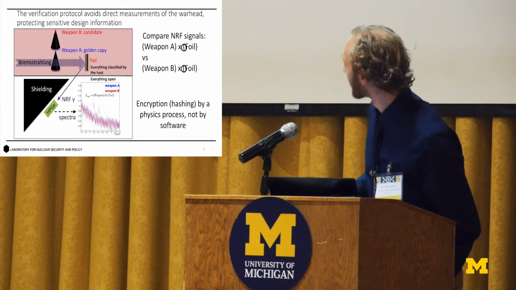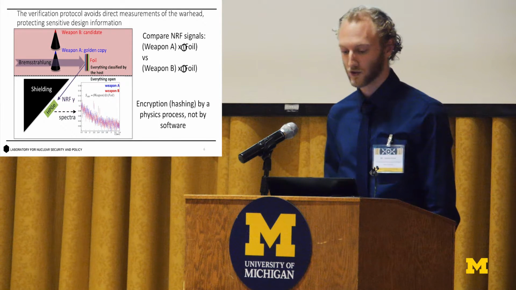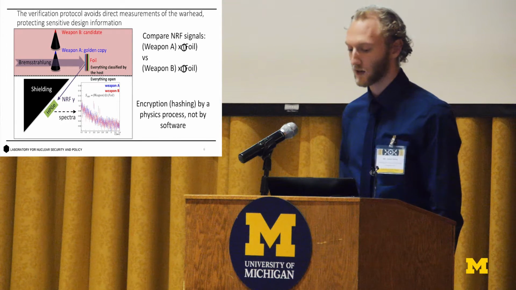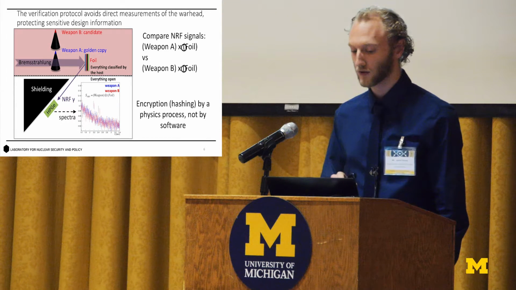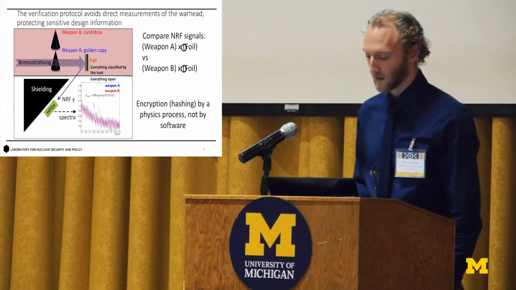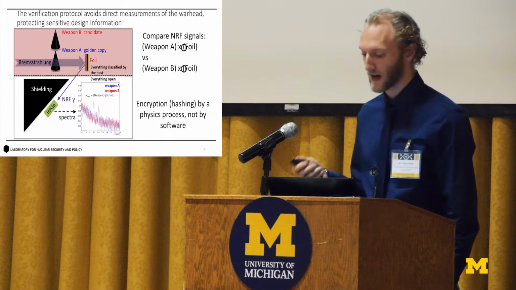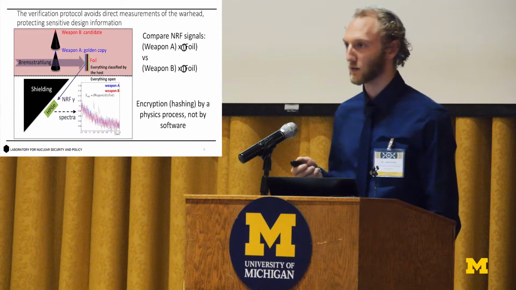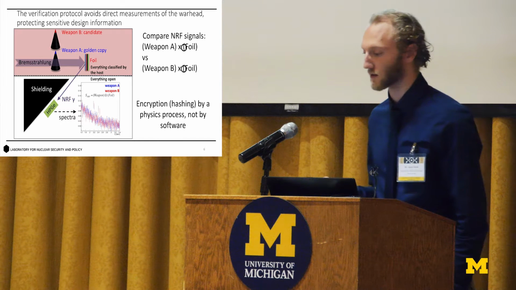This came out a little distorted, but again, I just want to emphasize that the final signal is somewhat of a convolution between each weapon and the foil, and you can use this to make a template measurement for your golden copy, your candidate, and compare the two final spectra. This, as Vavrek mentioned, essentially acts as a physical hash function. The encryption in this case is therefore done by a physics process and not by electronics or software.